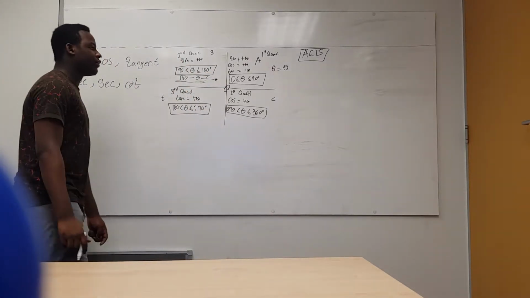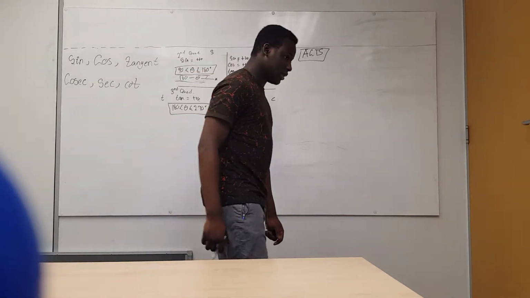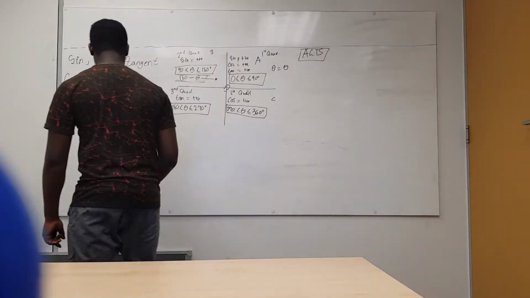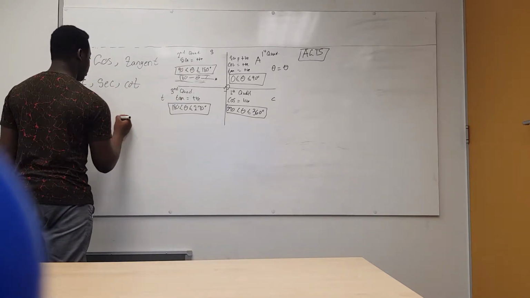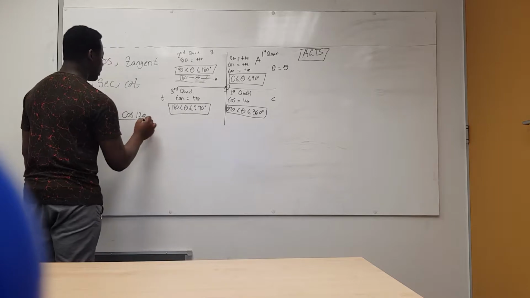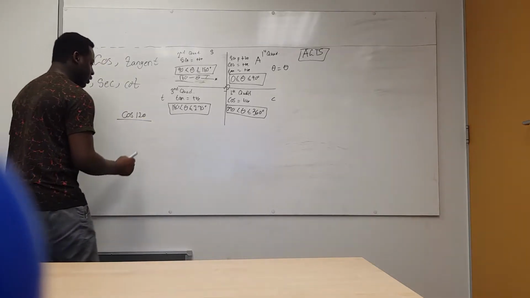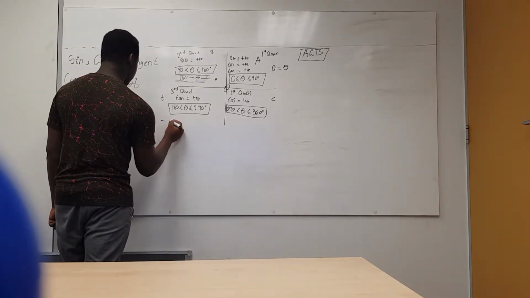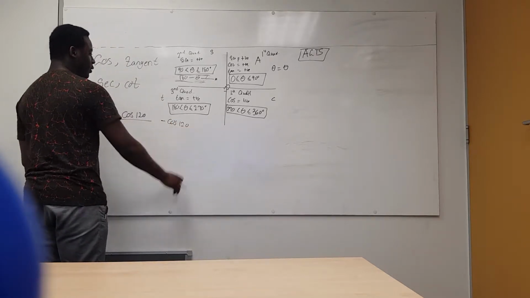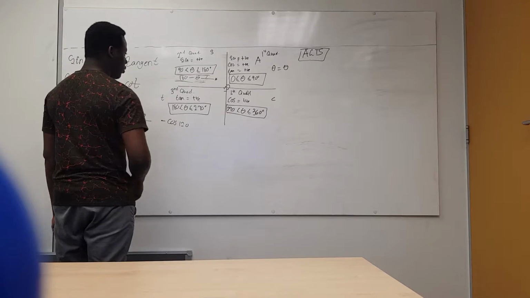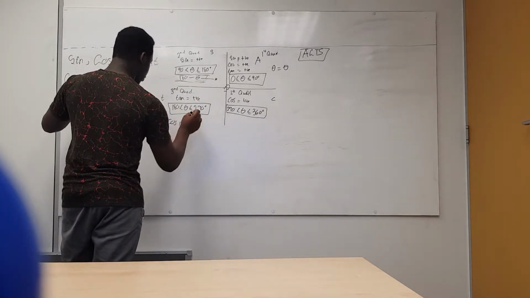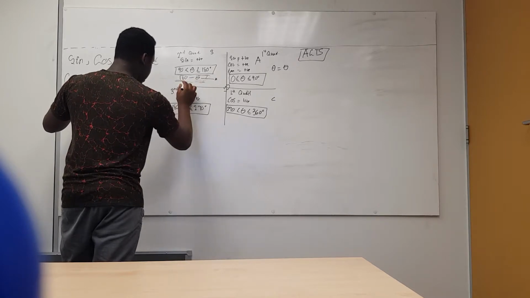So let's say you have cosine of 120. Because it's in the second quadrant, it's going to be negative. So it's going to be negative cosine of the reduced angle. So this is the angle, right? In order to reduce the angle, because it's greater than 90 degrees and it's in the second quadrant, we use the formula: 180 minus the angle.